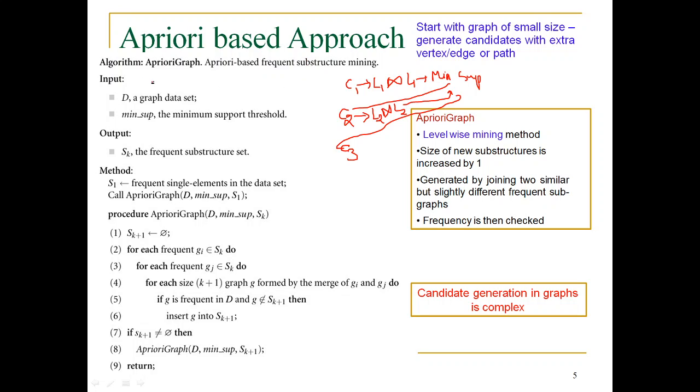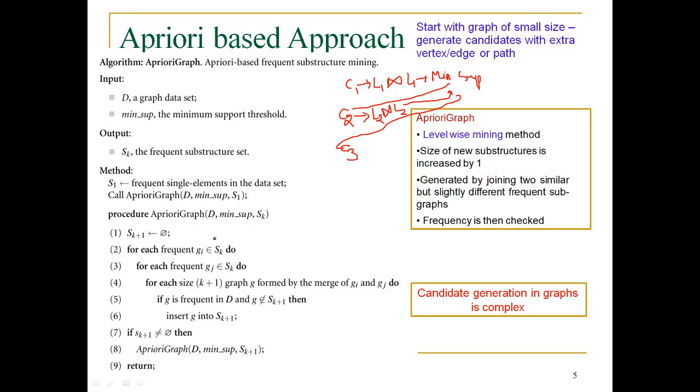So in this Apriori algorithm, it is frequent substructure mining. The inputs we are giving are graph data sets and the minimum support threshold values, and the output we are taking is the frequent substructure set. So what is the method here?